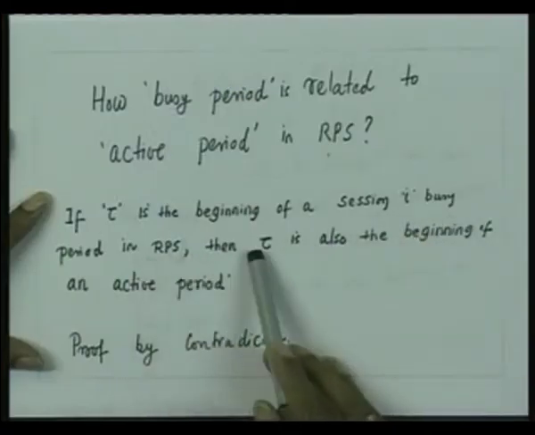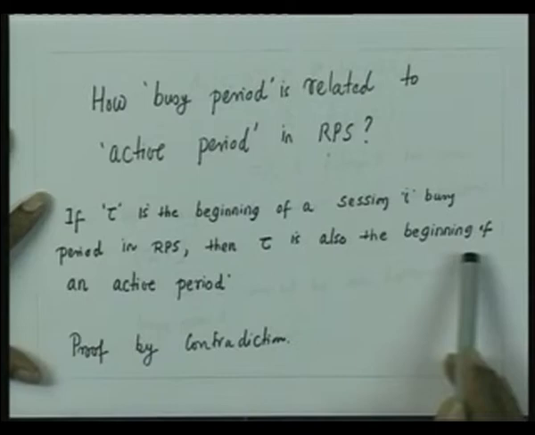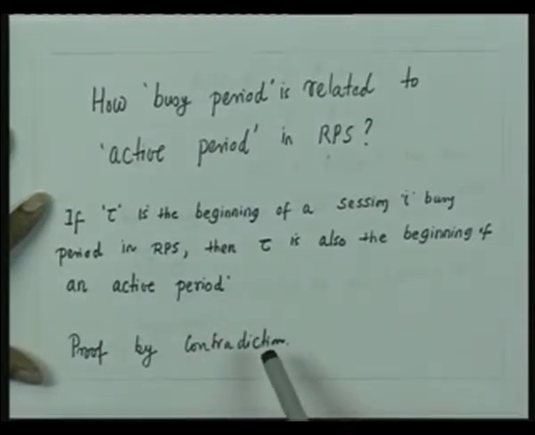We have proved this result by contradiction. Two cases we had considered: whether tau is in the inactive period or tau is in the active period. By considering these two cases, we have proved that if tau is the beginning of a session I busy period in rate proportional servers, then it is also the beginning of an active period.